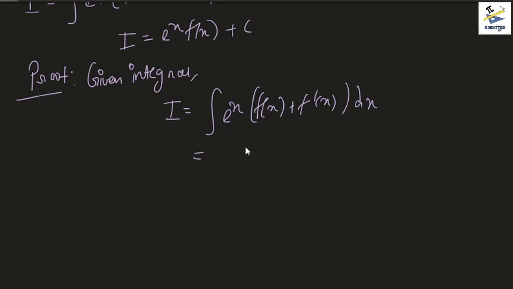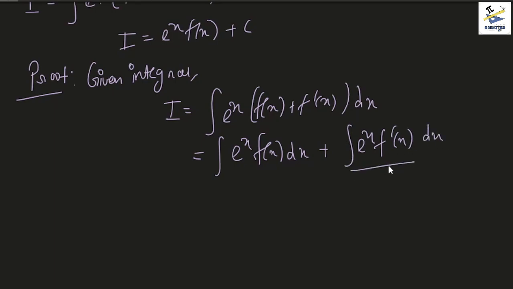Now let us separate it into two different parts, that is e to the power x into f of x dx plus e to the power x into f prime of x, or derivative of f of x, dx. So let us try to break down this second integral. Name this integral as b. So b equals integral of e to the power x into f prime x dx.